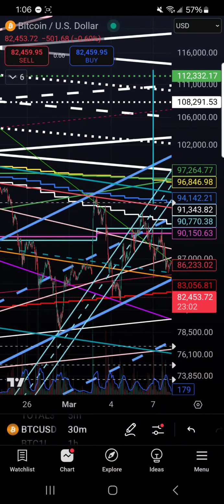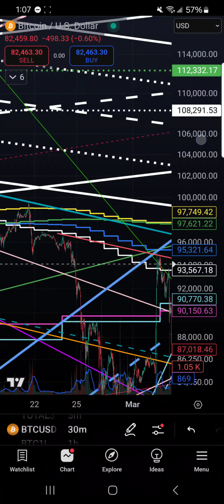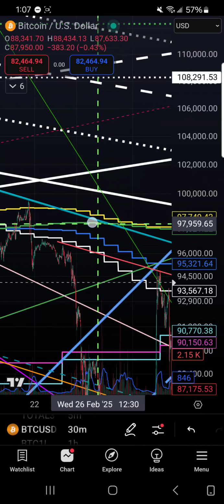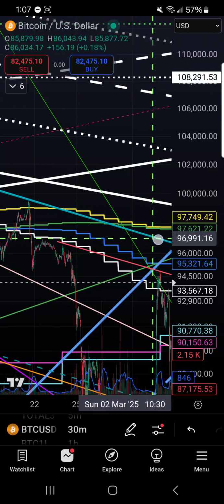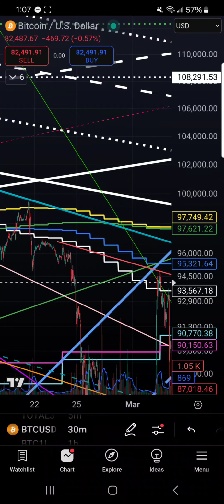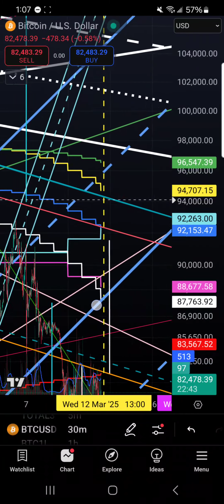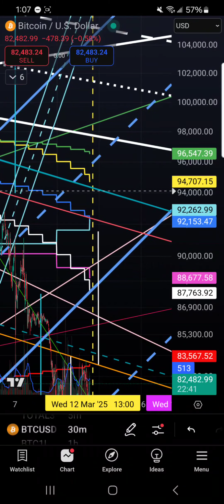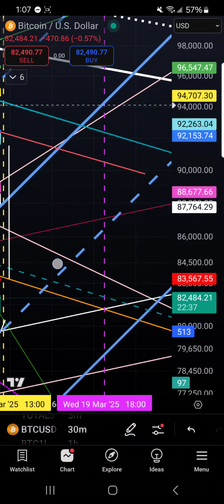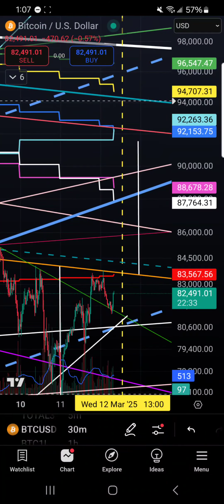And coincidentally, look at how that is completely parallel to the top of the green channel I was just talking about earlier. It's just dropped down a little bit. So that pink channel, or that red, pinkish, whatever color trend line, is perfectly parallel to our green channel, which I find very, very reassuring.